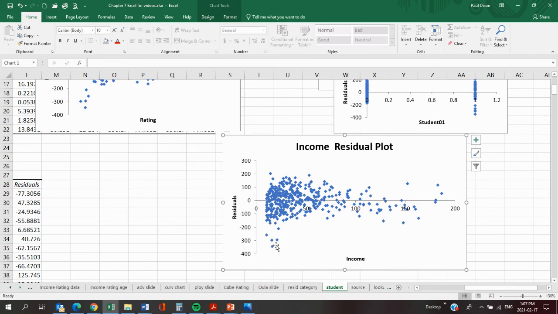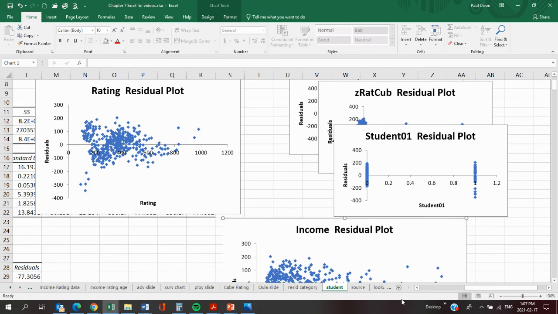So these ones seem to have low income. They have low credit ratings, but I'm getting odd predictions from them. These are ones where they seem to be carrying a much bigger balance than they should be. So maybe those ones are worth investigating. Those are definitely unusual customers and warrant some further study.